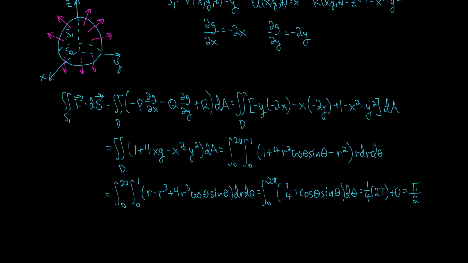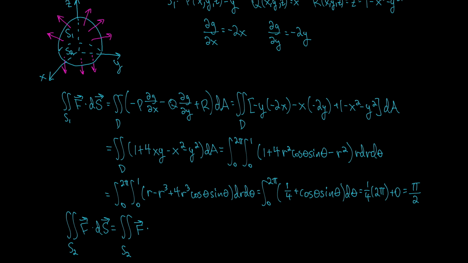Our easy one is over the disk where z equals 0. So over that disk we have the surface integral over S2 of F dot dS, equal to the surface integral over S2 of F dotted with, well, notice that dS is the normal vector that points down.